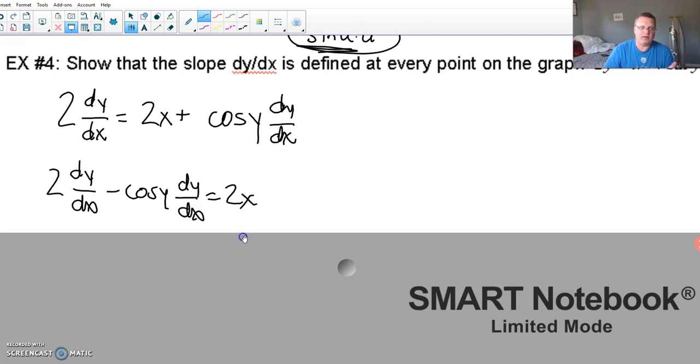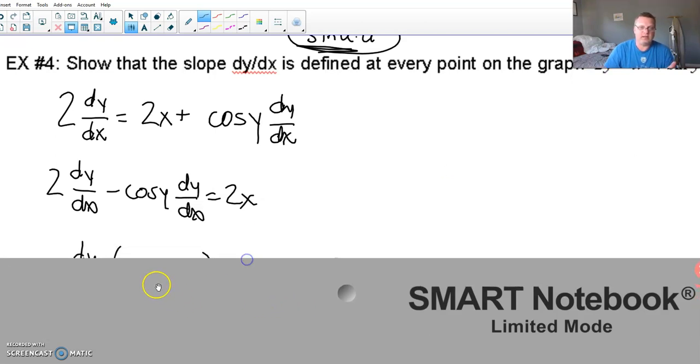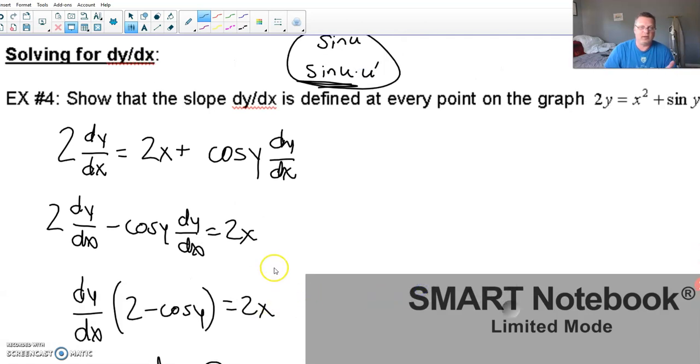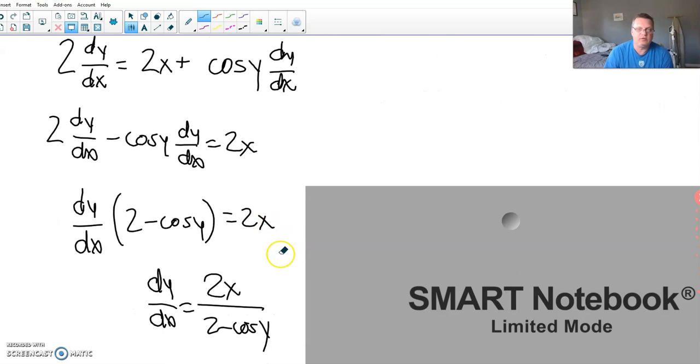You factor out dy/dx and you have 2 minus cosine y, and that equals 2x. So to get the dy/dx by itself, you divide both sides by 2 minus cosine y. All right, and that's your derivative.